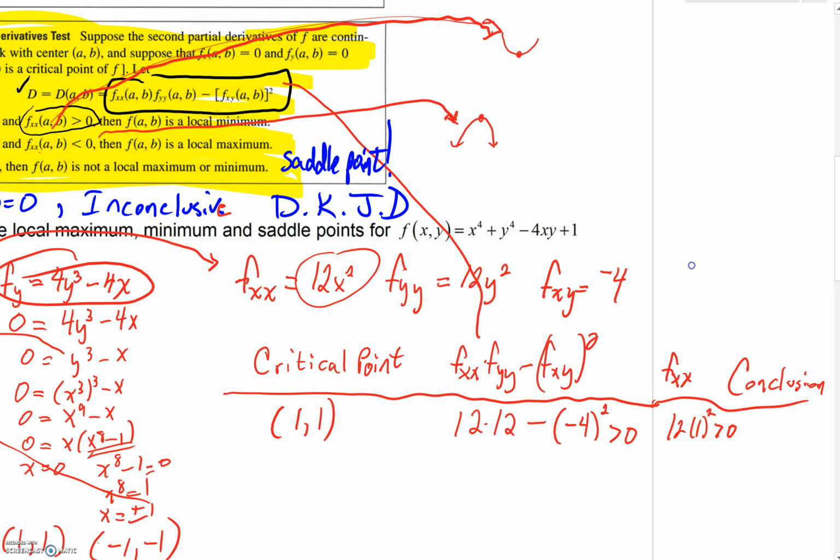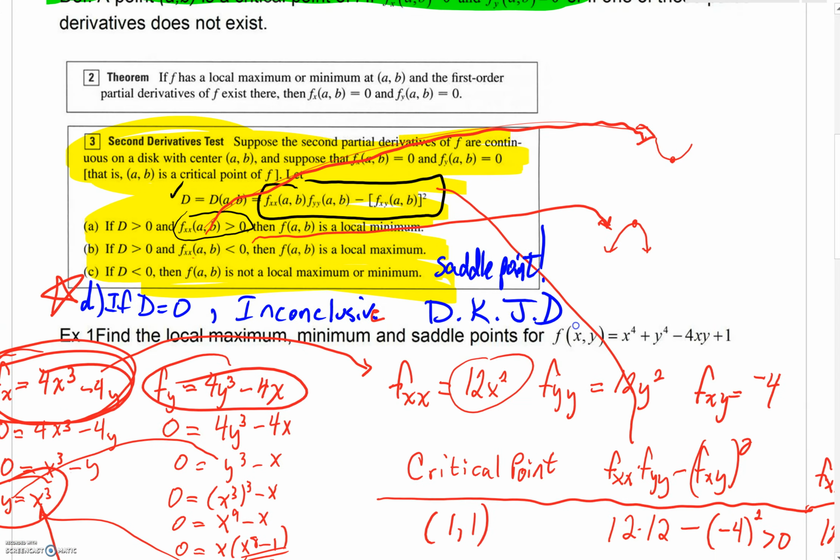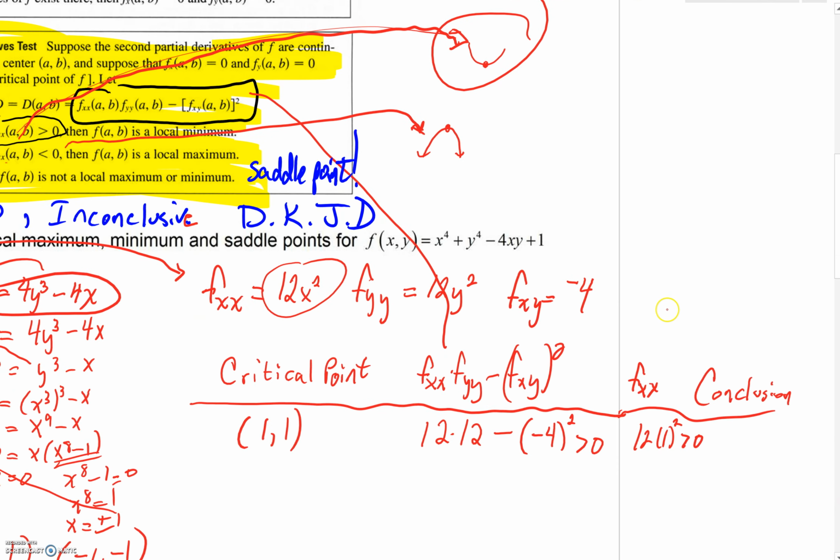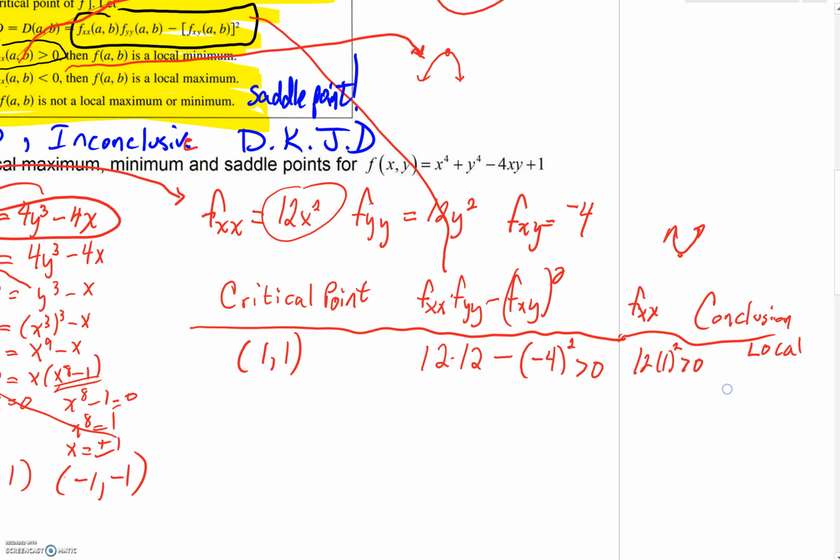So this is really going back to this box where it's letter A, where our discriminant was positive and our second derivative with respect to x is positive. You know what we're thinking of. It's looking something like this. So we've got a local min.